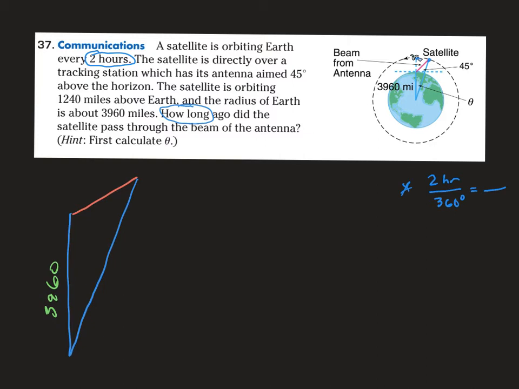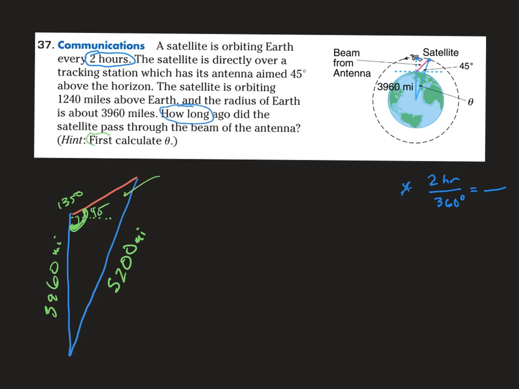So if you add those two together, you get 5,200 miles. And then the other piece of information that we know is, here's the horizon, and this is 45 degrees, and the horizon hits the radius of the Earth at 90 degrees. So this whole angle is 135 degrees, this whole thing here.